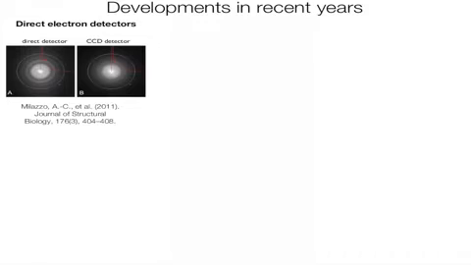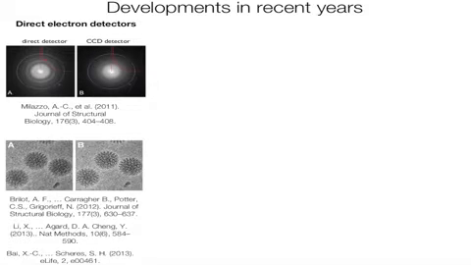Now, since those early developments, there have been a number of important advances in more recent years. First of all, direct detectors came on the scene about a decade ago. These detectors first allowed us to acquire images with increased signal-to-noise ratio, both in comparison to conventional CCD detectors, but also in comparison to photographic film. And second, they allowed us to record movies instead of still images.